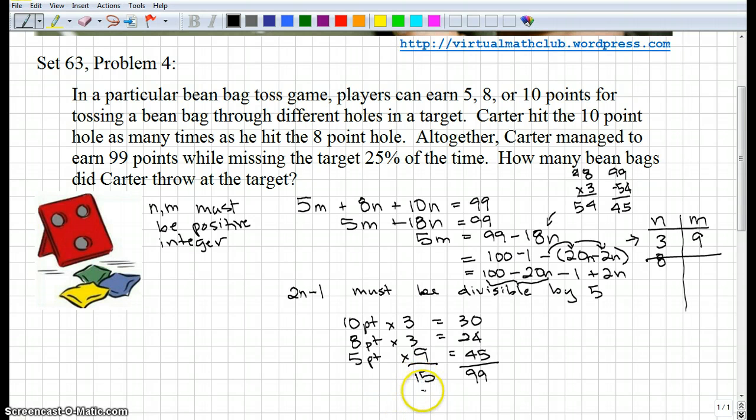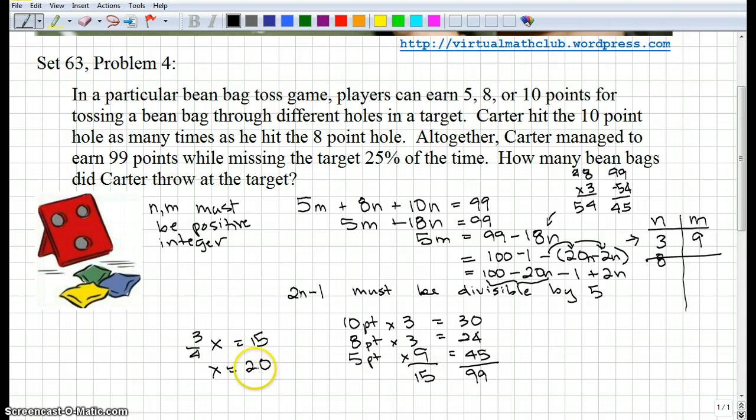So we could write that as 3/4 of whatever we're looking for. Let's call it x. 3/4 of x is equal to 15, which means that x has to be equal to 20. Or you could think of it as 3 times 5, and that's 3/4, so he would have had to have missed 5 times.